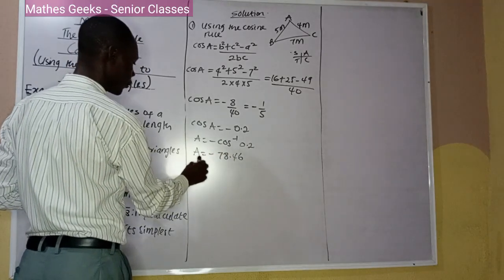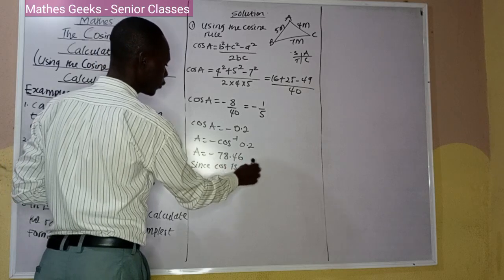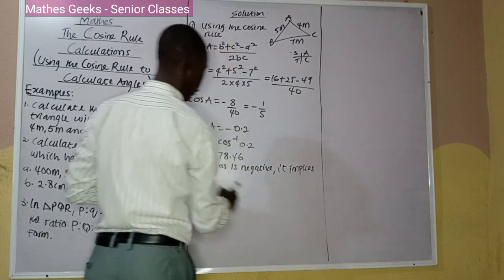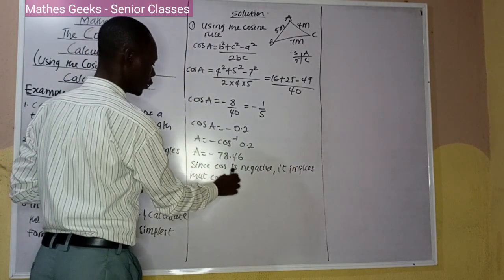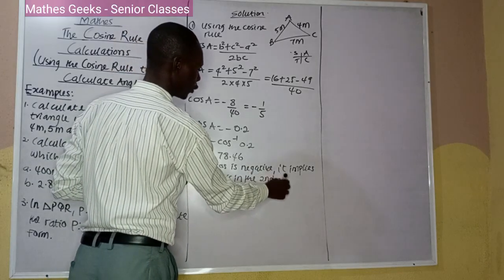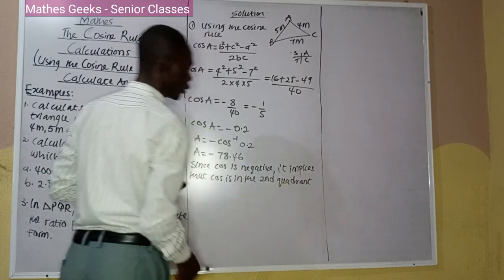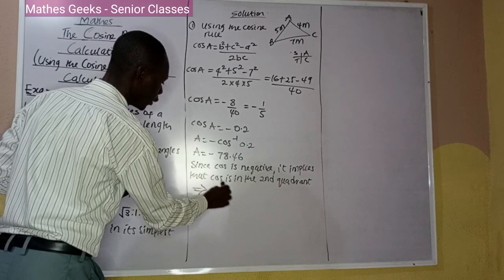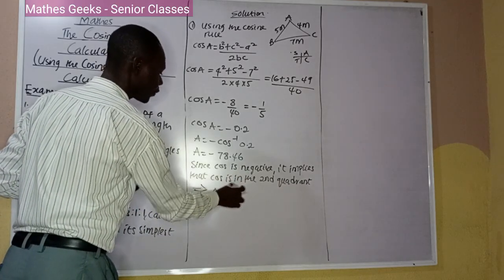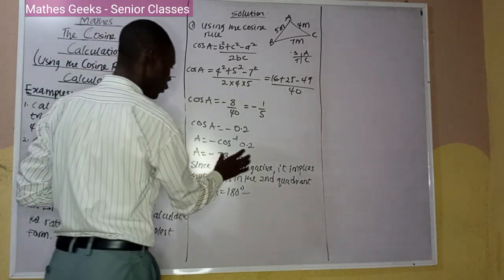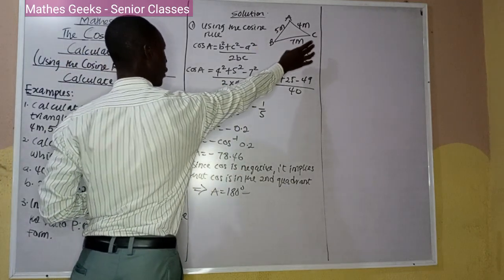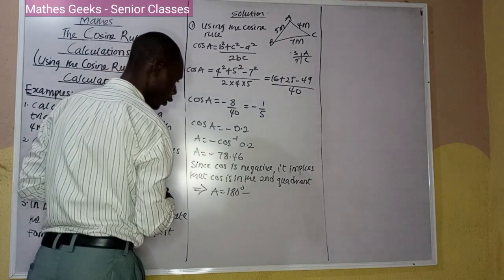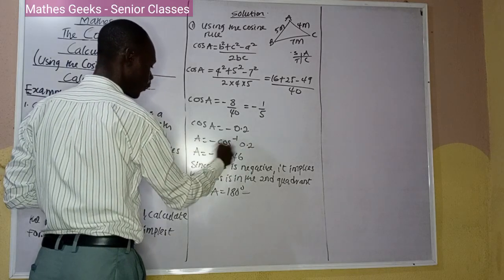Since cos is negative, cos A is in the second quadrant, and that means we need to subtract 78.46 from 180 degrees.